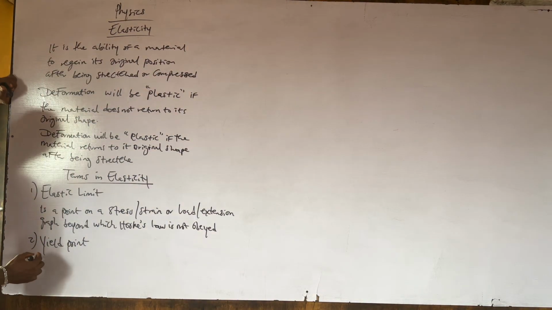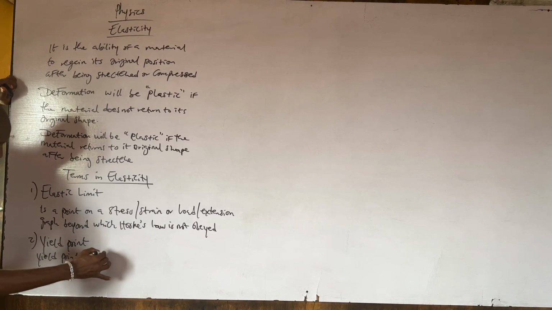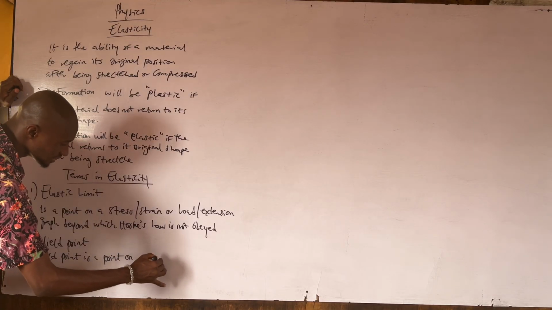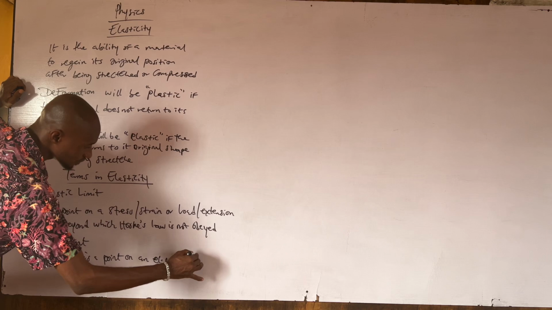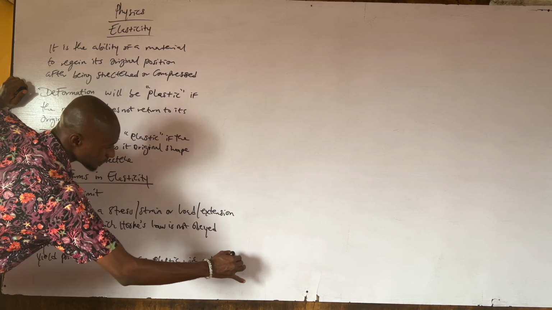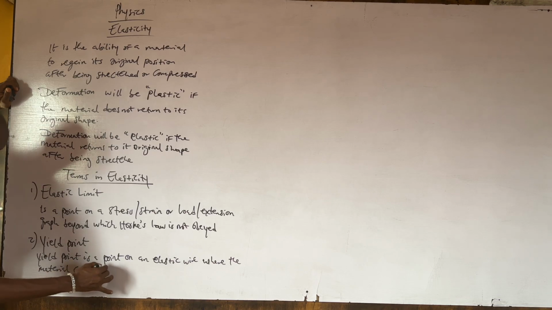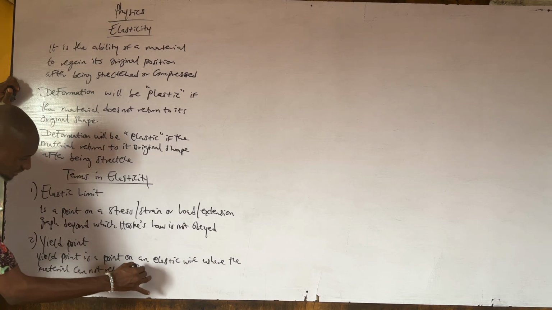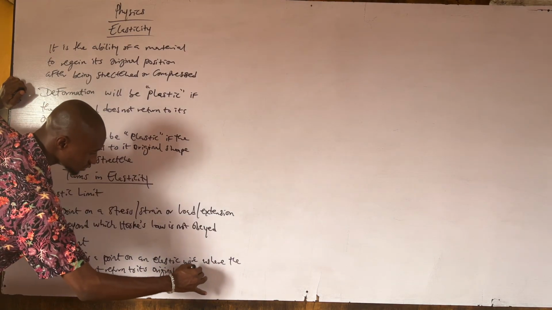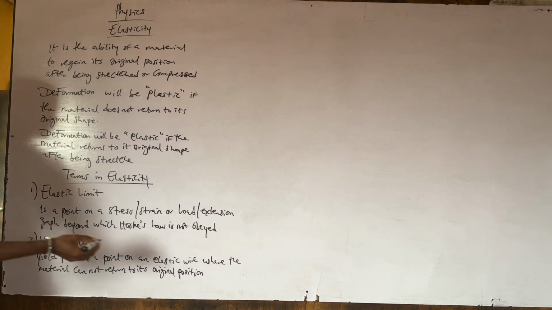You can say that yield point is a point on an elastic wire where the material cannot return to its original position. That is a yield point.